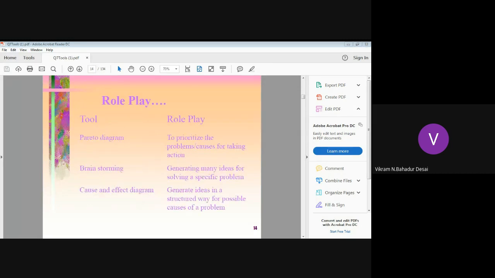Then the Pareto diagram to prioritize the problem causes for taking action. You have heard about the Pareto principle. Can anyone tell what the Pareto principle is? You can Google it and tell me.